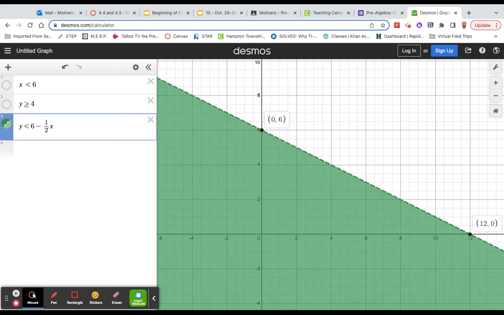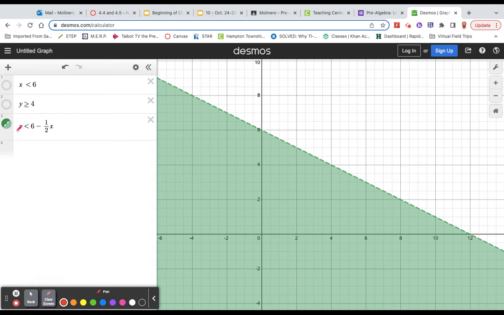The decision that you make in terms of the direction that you're going to shade, I would recommend that you always make sure you have y by itself and you read these inequalities from the left to the right. That is typically the easiest way to do it. If you have it solved for y and you read y as less than, that's an indication that you need to be below the line.